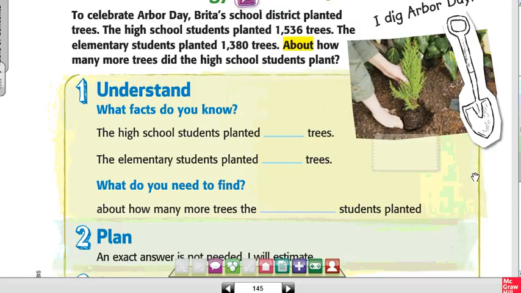First, we need to understand the problem. So, the high school students planted how many trees? 1,536. That's what we know. And the elementary students planted how many trees? 1,380.